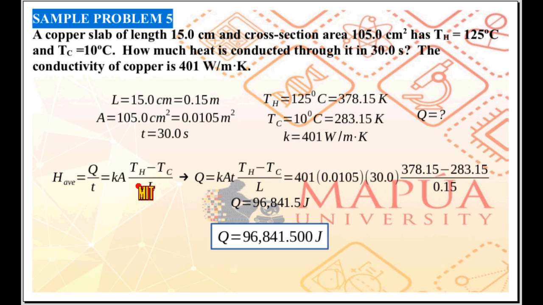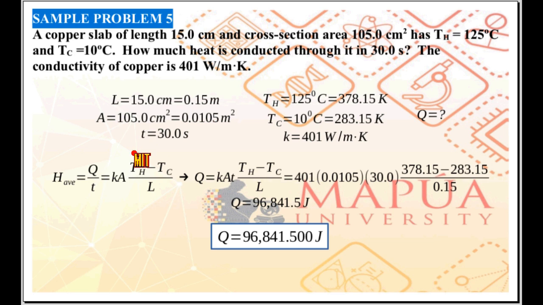H average is equal to KA(TH minus TC) over L. And our general equation for heat transfer rate, H average is equal to Q over T. So Q over T is equal to KA(TH minus TC) over L. We know elapsed time T. We know K. We know cross-section area A. We know TH and we know TC. Lastly, we have L, length of the copper slab.